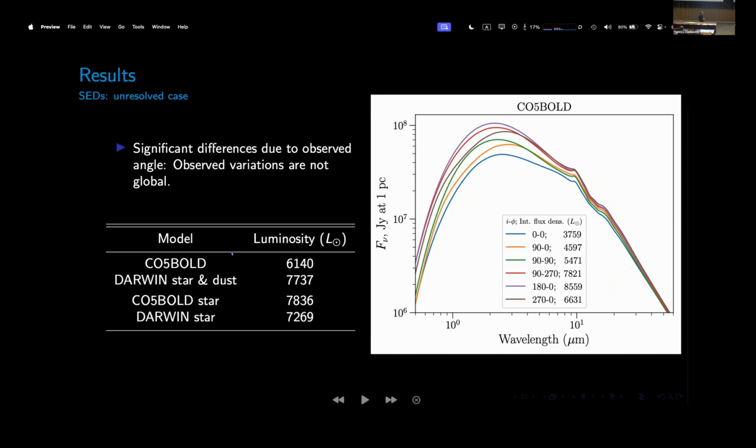So see, there's a significant shift in flux density on the same model, depending on which direction you are. So you can't really assume that the changes you see in one source are global. It can be something else going on the other side of the star that we don't know about.